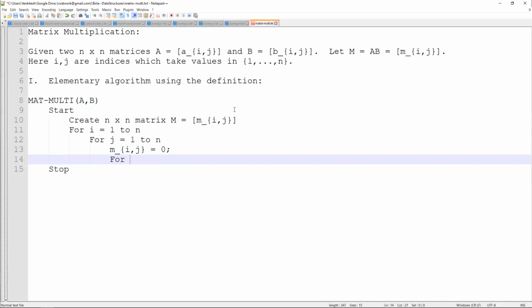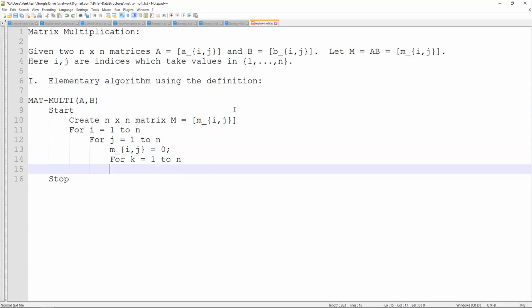And now we will range across the index of the components when we multiply the ith row of A with the jth column of B. So when k ranges from 1 to n, we simply add to the sum. So Mij, whatever it was initially, gets added with the value Aik times Bkj. Okay, the star is the notation for multiplication.